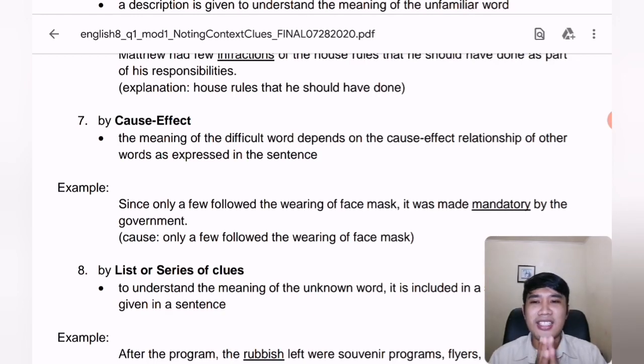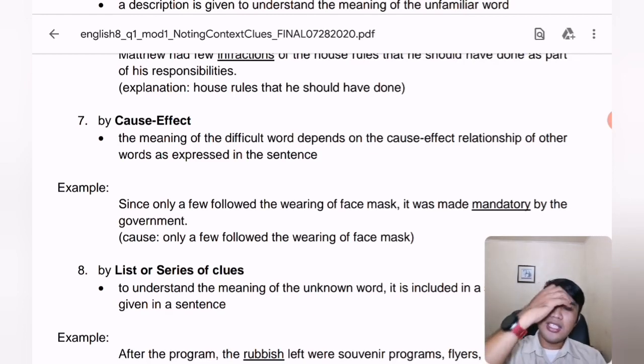So let's see here in the example. Since only a few follow the wearing of face mask, it was made mandatory by the government. So what's the meaning of the word mandatory? How can we understand it? Context clues. And this time, cause and effect.